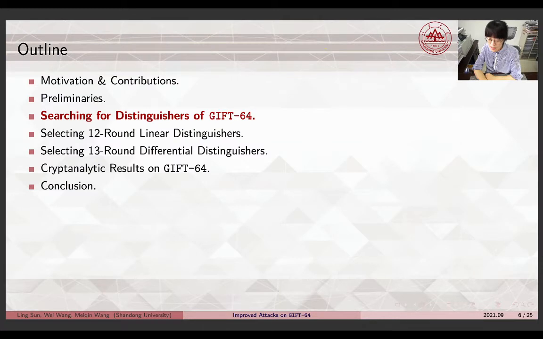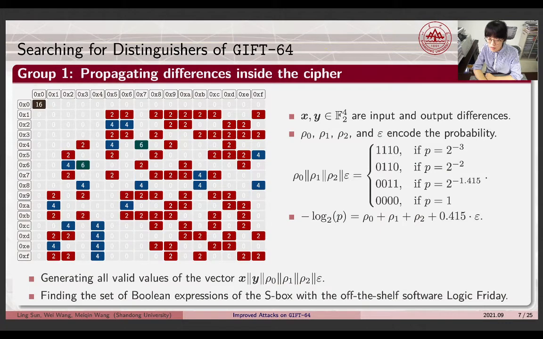In the following, we will take the search of differential distinguisher for GIFT-64 as an illustration for the automatic search, and the search in the linear setting can be implemented likewise. According to the functionality, the Boolean expressions in the SAT problem can be partitioned into two groups.